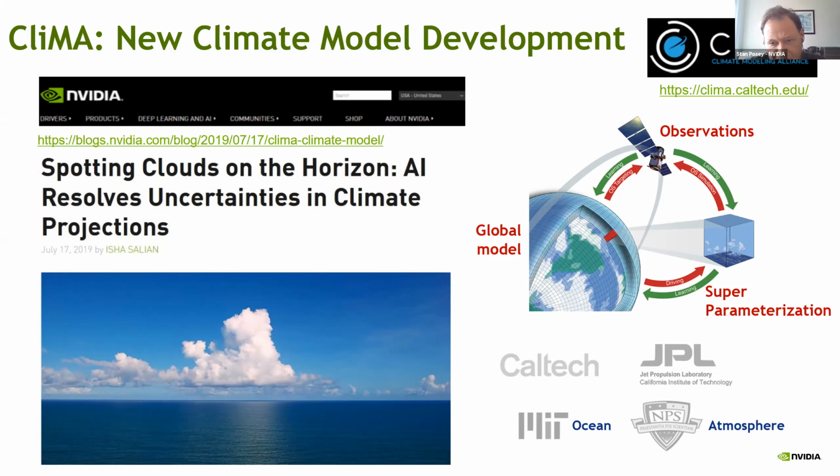But they're combining elements of HPC and machine learning, the HPC side having a global model, such as the atmospheric core of NUMA, or an ocean model based on MITgcm, and combining data observations and having feedback there through AI mechanisms, and then applying these sub-grid scale models through superparameterization. There's references that you can go and read about some of the details of the model.